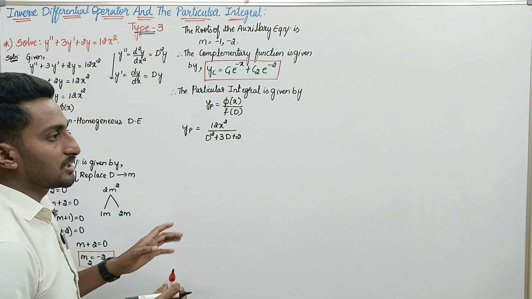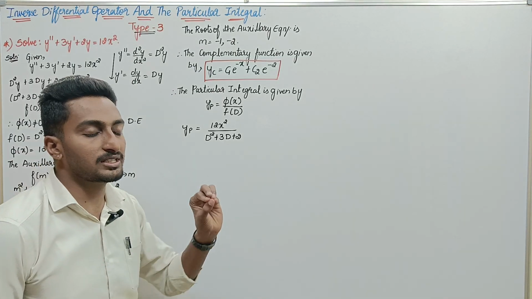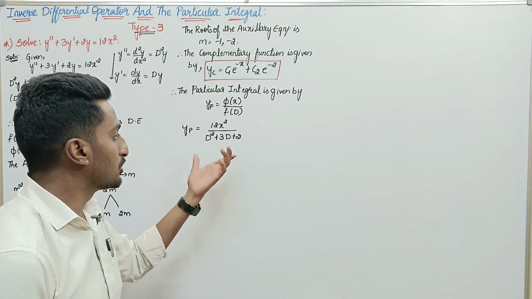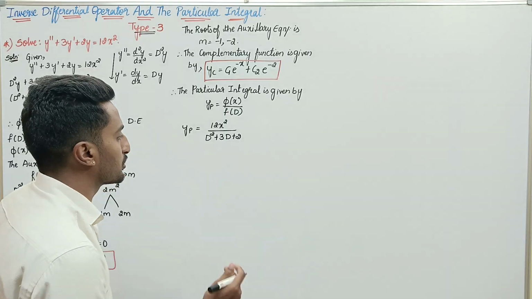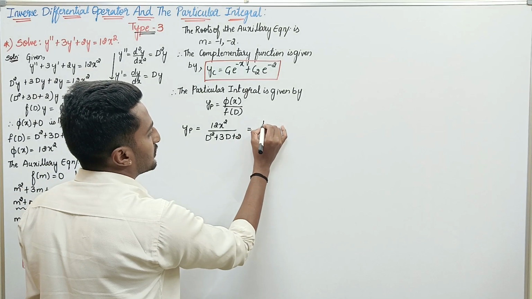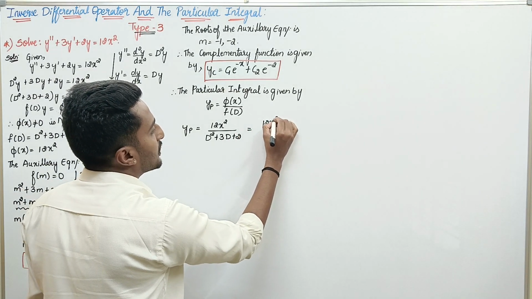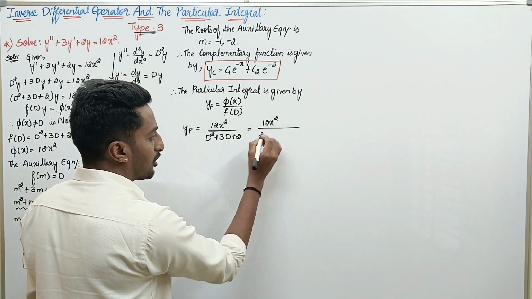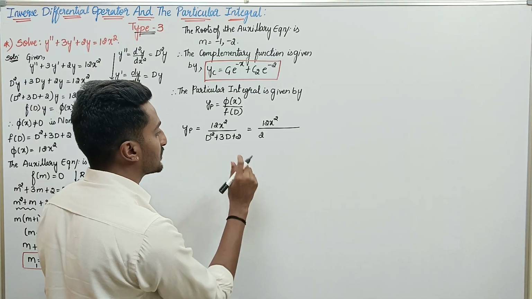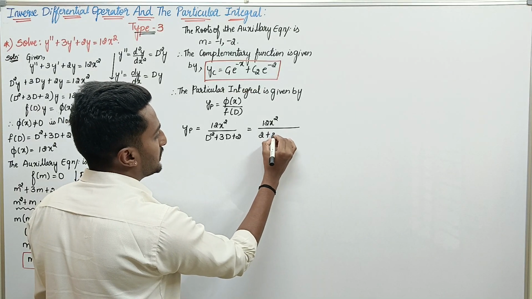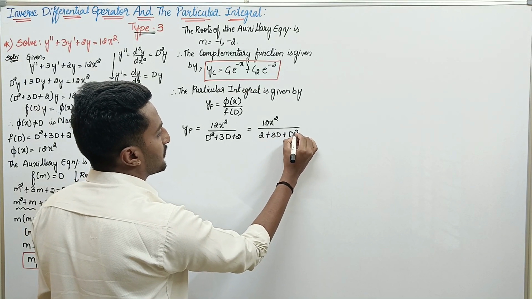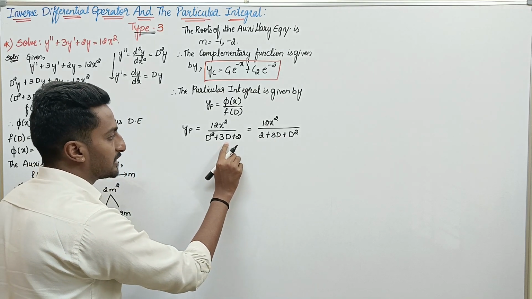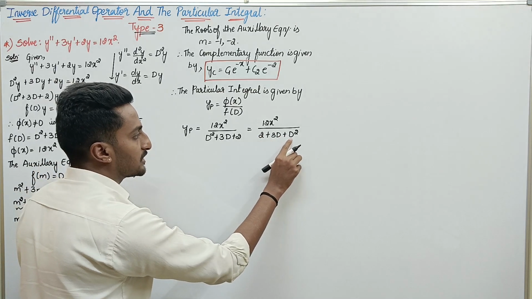To simplify this, we use another set of conditions to get the solution. I am going to show you how. Just consider the highest polynomial function, that is 12x square, and rearrange. First let us represent the constant: 2 plus 3d plus d square.